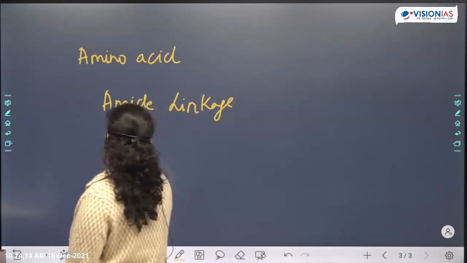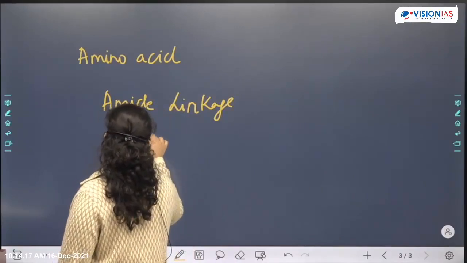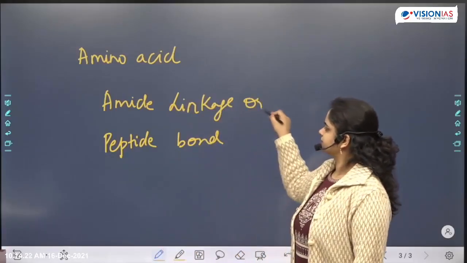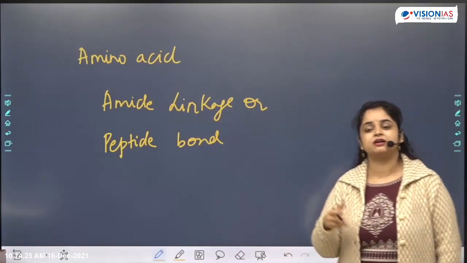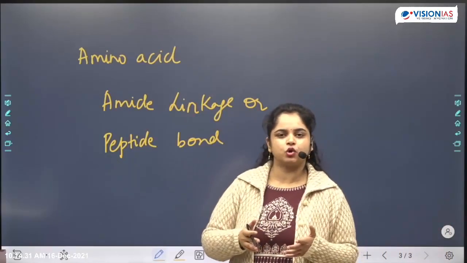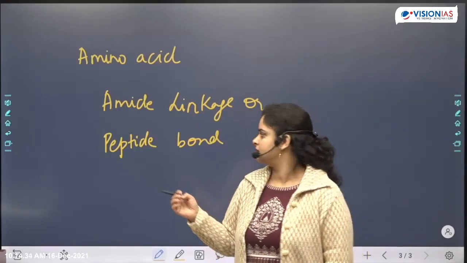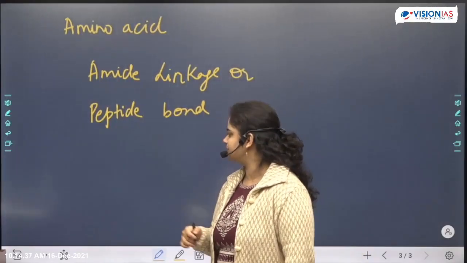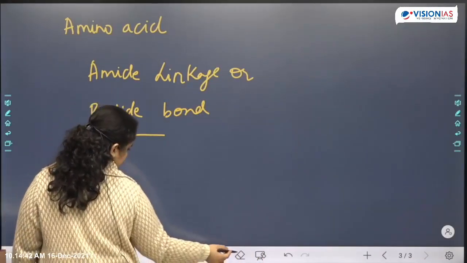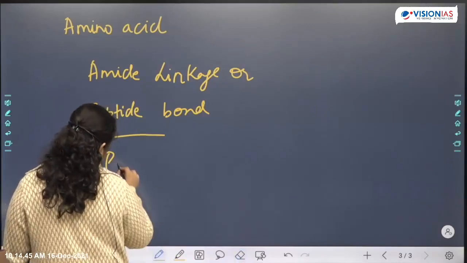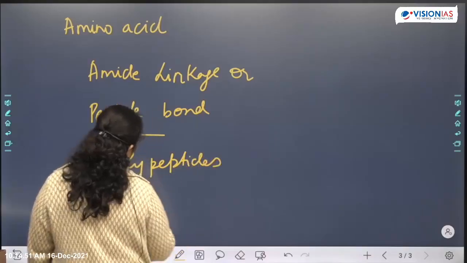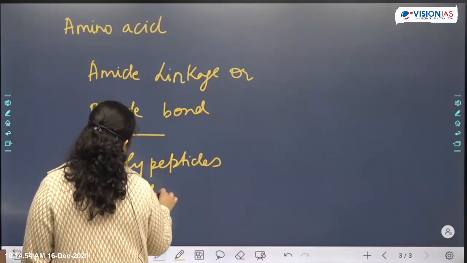One is an amide linkage or a peptide bond. This is the same thing. With these bonds between different amino acids they join and they form proteins. Because of this term, the peptide bond, proteins or these structures can also be called polypeptides or just peptides.